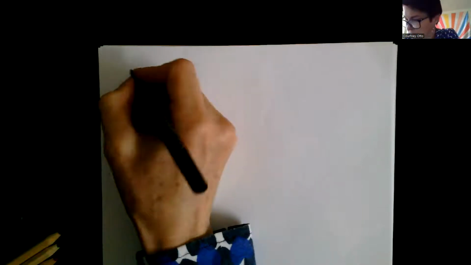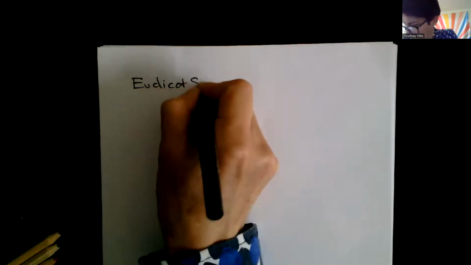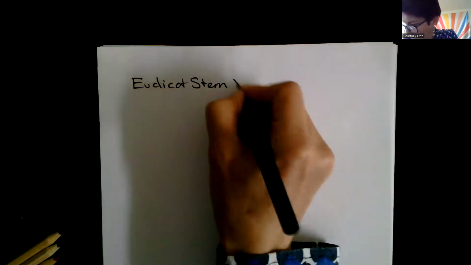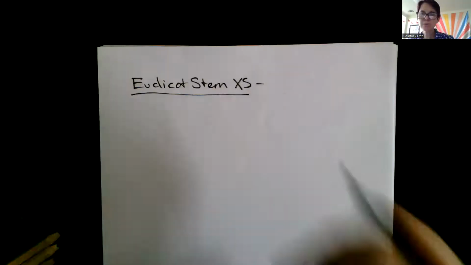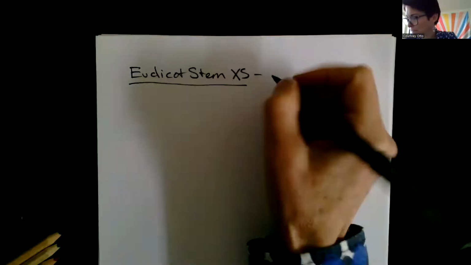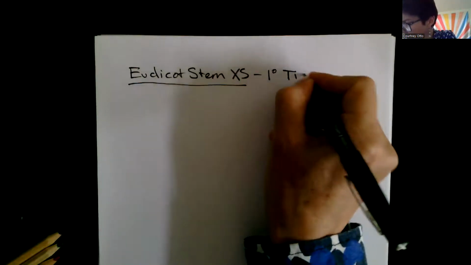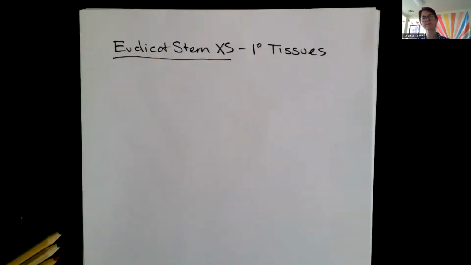What I'm going to make is a drawing of a eudicot stem cross-section. Cross-section, remember, I'm abbreviating just like that. This is going to be a eudicot stem cross-section showing where all of those primary meristems have already turned into our primary tissues.